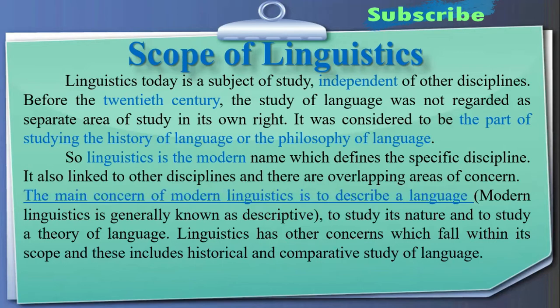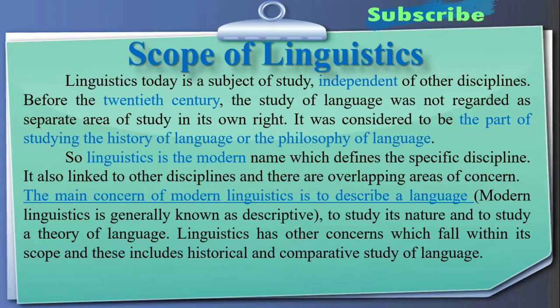The main concern of modern linguistics is to describe a language. Modern linguistics is generally known as descriptive. It studies the nature of language and a theory of language, and linguistics has other concerns which fall within its scope, and these include the historical and comparative study of language.